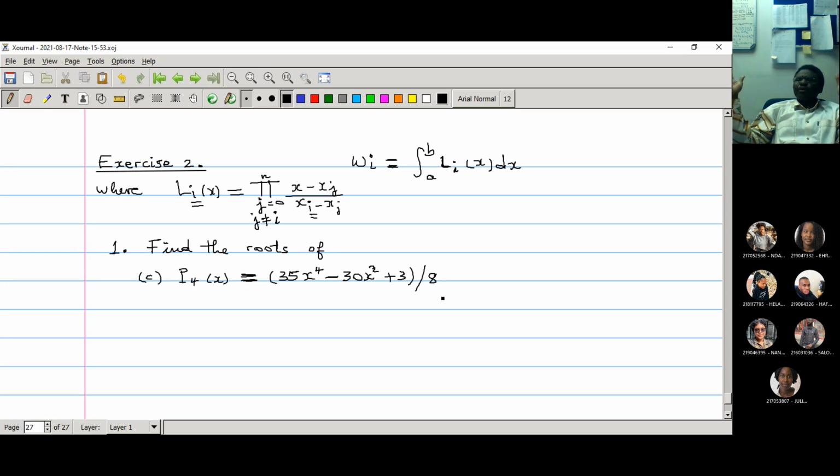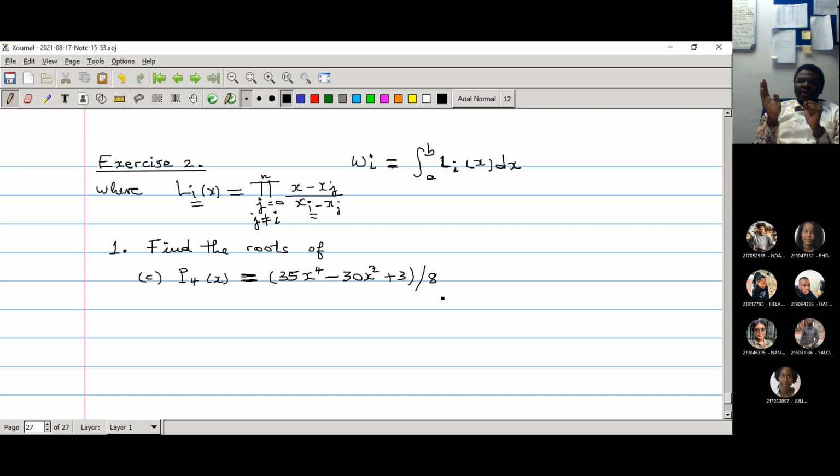And if the degree of the polynomial is even, like in this case, 0 will not be a root. But if the degree is odd, 0 will be a root. Why? Because there is a symmetry about 0 when it comes to the roots.